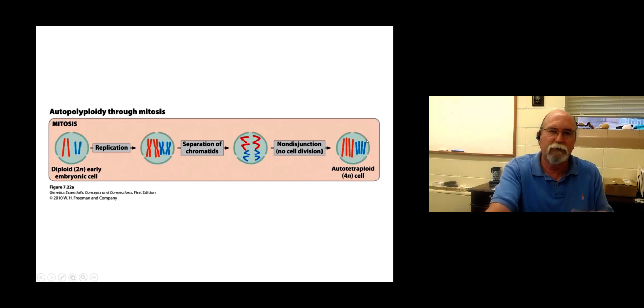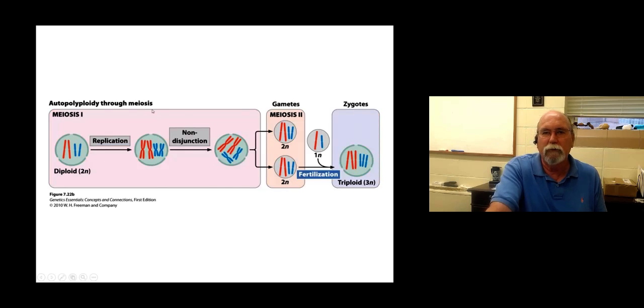Now, these cells, of course, are not going to be part of the gametic system, so they're going to only be in that individual, but they do occur, and you get autotetraploids that can occur from that. If it's a plant, this might become a plant then that's an autotetraploid that could reproduce clonally or in some other way. Okay? Now, through meiosis, it can occur in multiple ways, but again, non-disjunction can occur.